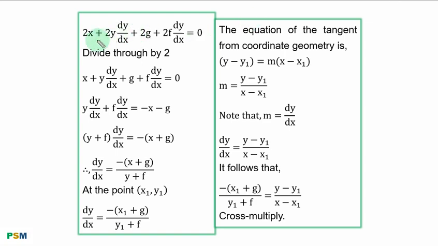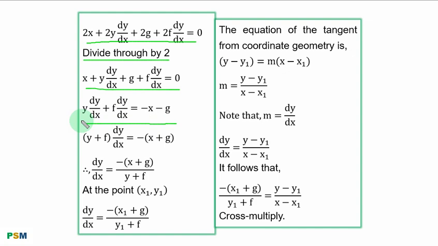We already have this result. Divide through by 2. You have it in this form. Next, the terms without dy/ds, precisely s and g, you transfer them to the right hand side. You have this result.